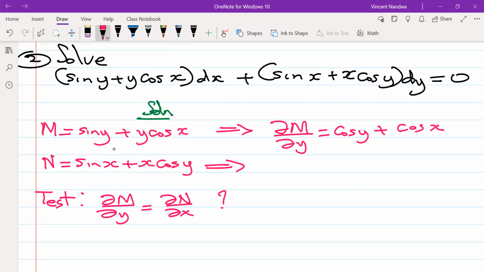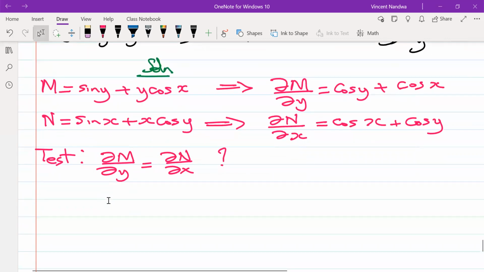And from this, partial N partial x, the first term will give us cosine of x. Second term will give us cosine of y. And it's very clear that partial M partial y equals to partial N partial x.